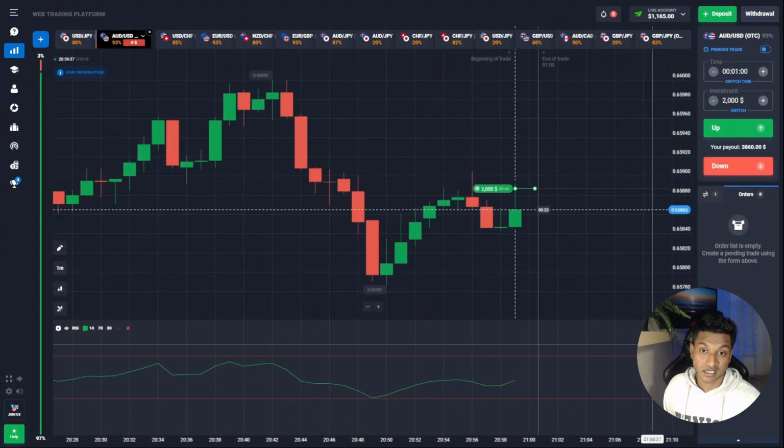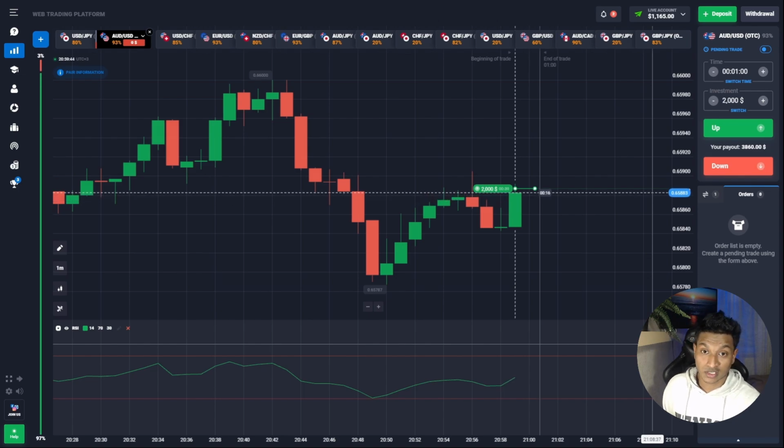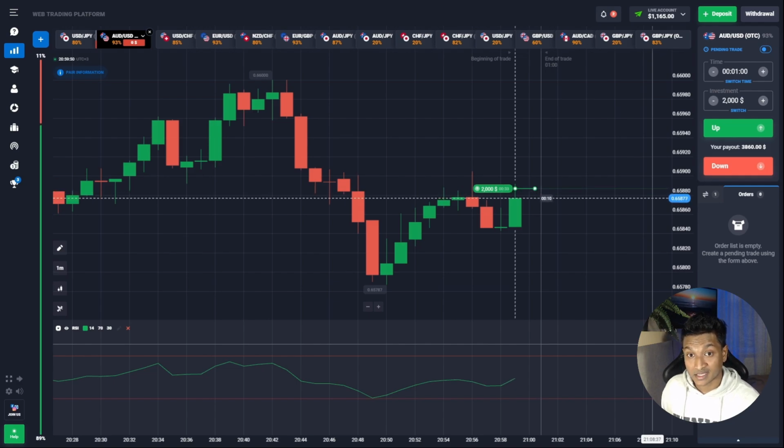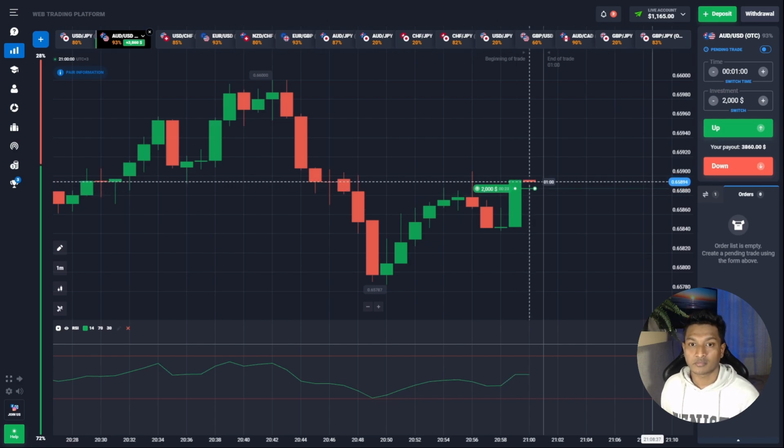That's why I decided to put my investment at $2,000, because I lost $1,000 from the previous one. I need to make a really good profit at the end of the day. This is my mission and goal, and this is my final trade for today. After this one, I'm going to stop trading for today.